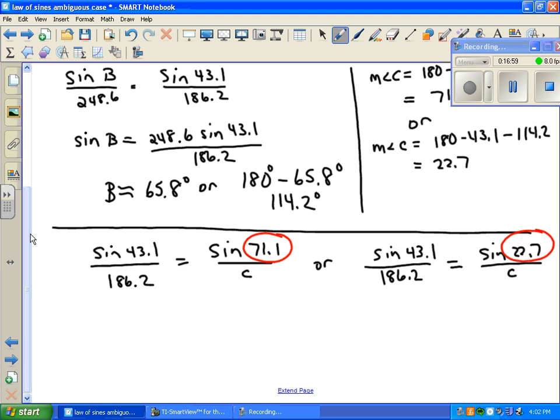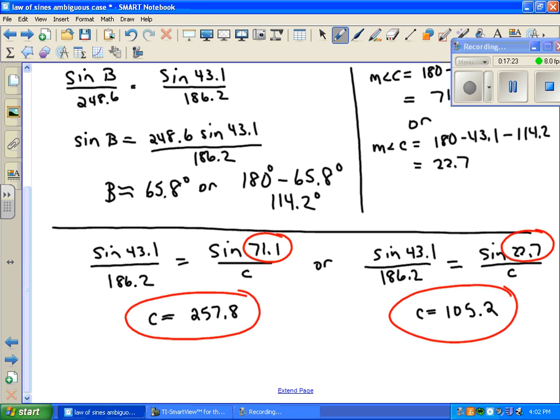I end up with, in this case, that side C is approximately 257.8. And in the second case scenario, 22.7, I end up with side C is 105.2. I have to round that answer. Now this is certainly a lot of work to find all of this information.